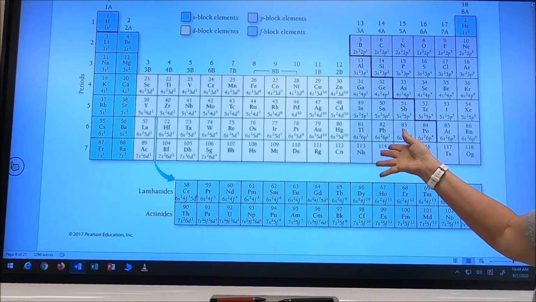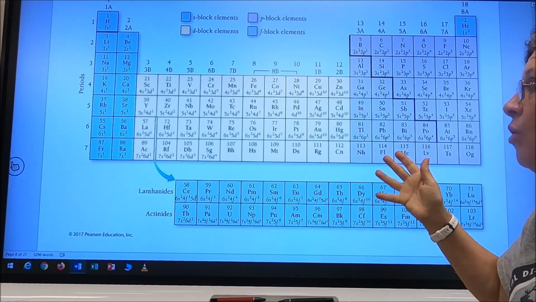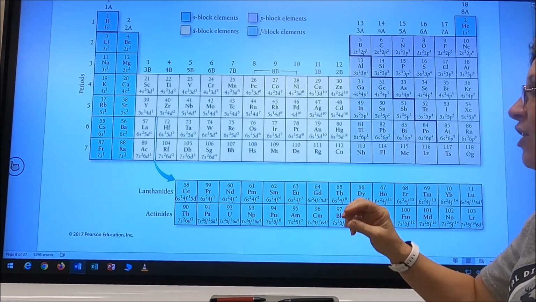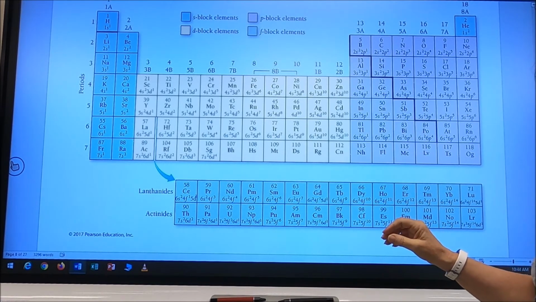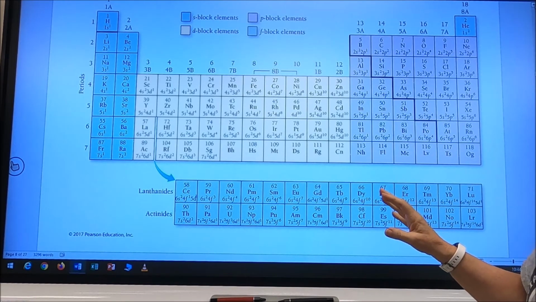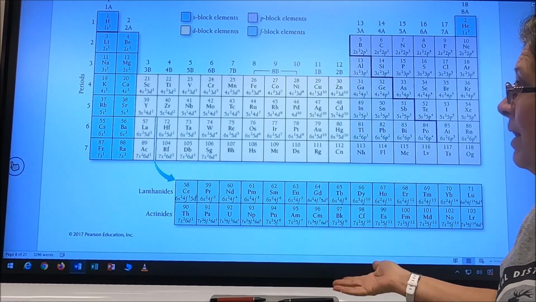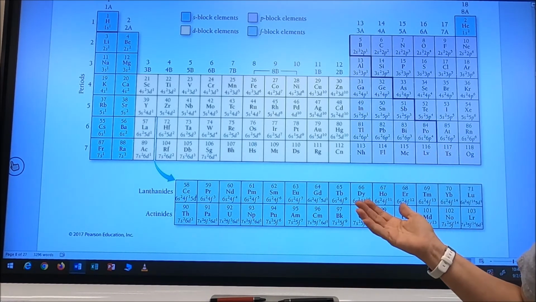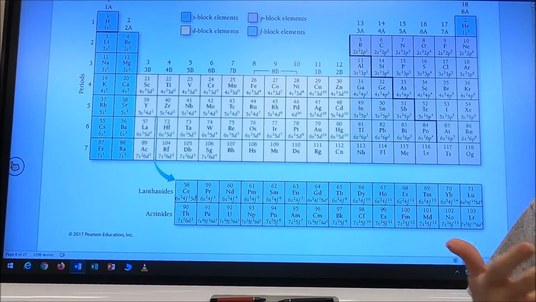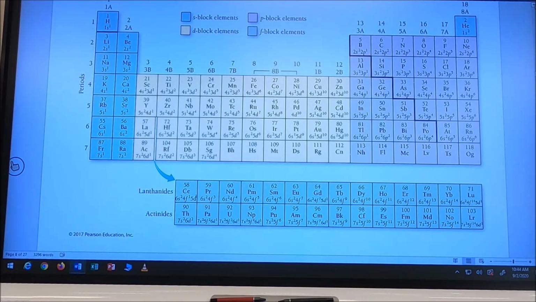If you're looking at an ion and you're not sure, write out its electron configurations, look at the end and see if you see a completed subshell or a partial subshell. If it's a completed subshell, it's diamagnetic. If it's an incomplete subshell, it's paramagnetic. Okay?